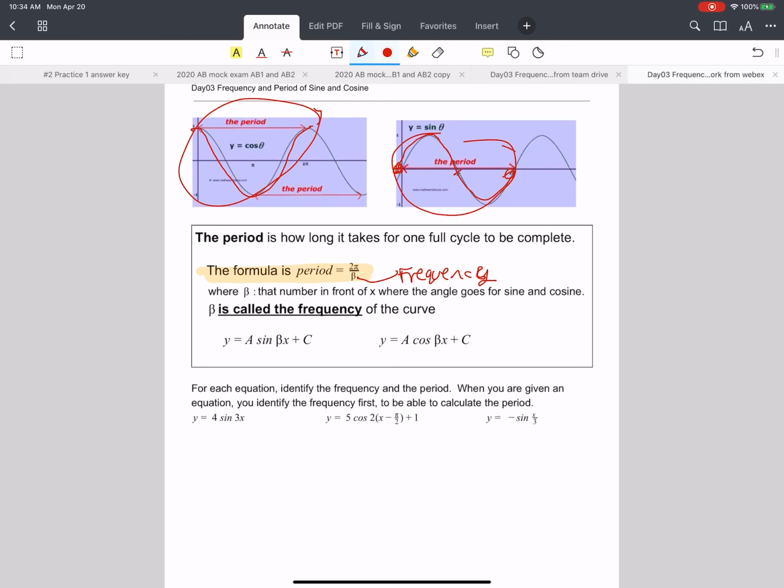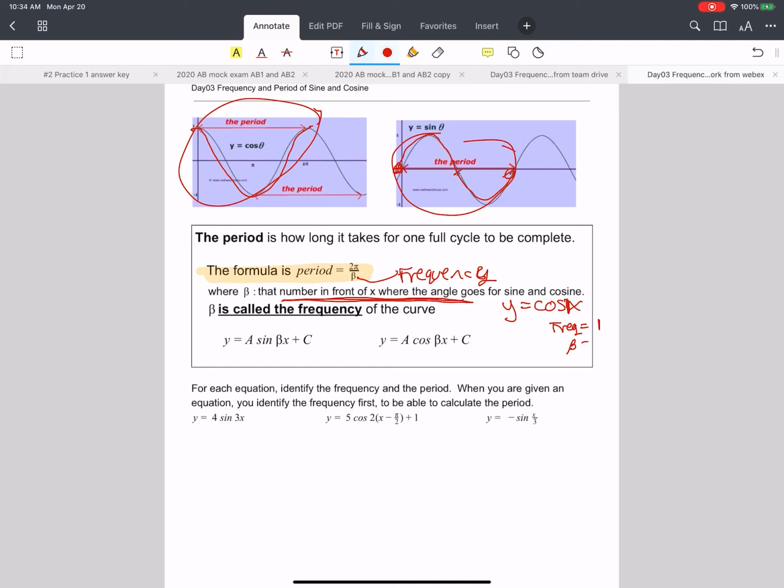The frequency is that number in front of x, where the angle would go. Normally the number you've had in front of x, like when you did y equals cosine x, that number in front of x is a 1.